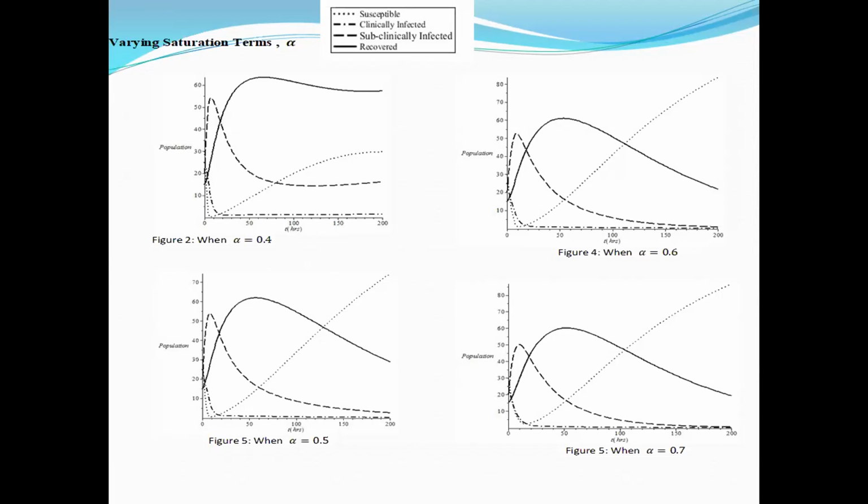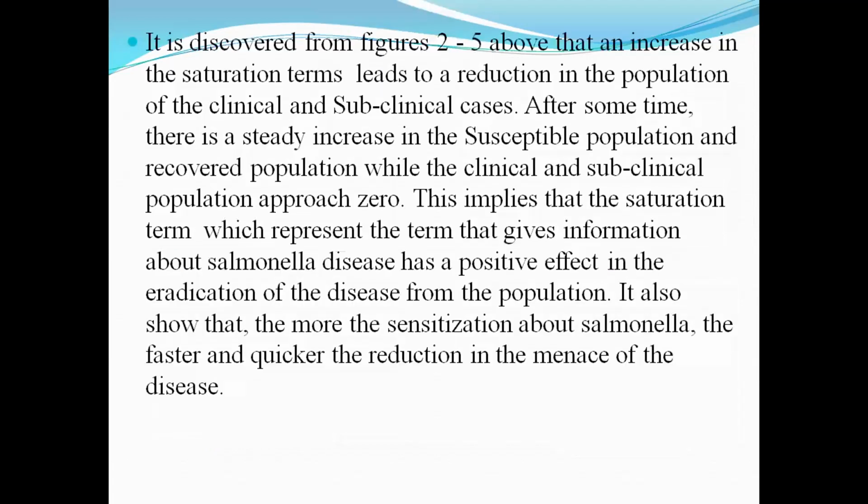Then the clinically infected and subclinically infected individuals decrease, approaching 0 as time goes on. When we get to alpha equals 0.7, it goes down to 0. It approaches 0. These are the discussions that I just said. So that means once there is sensitization about the disease, it can reduce the menace of salmonella.